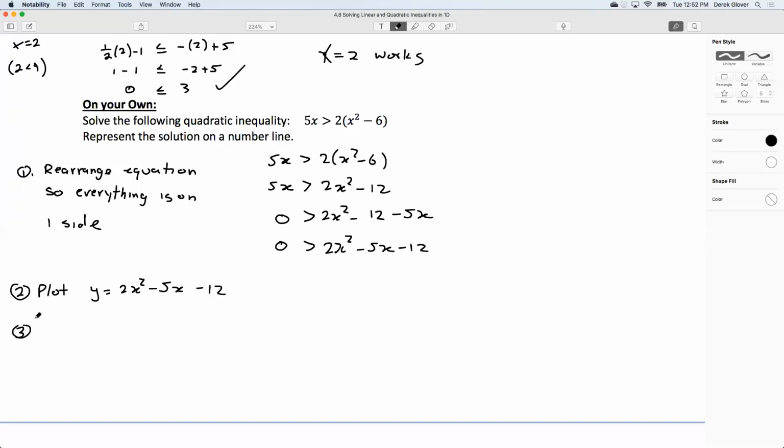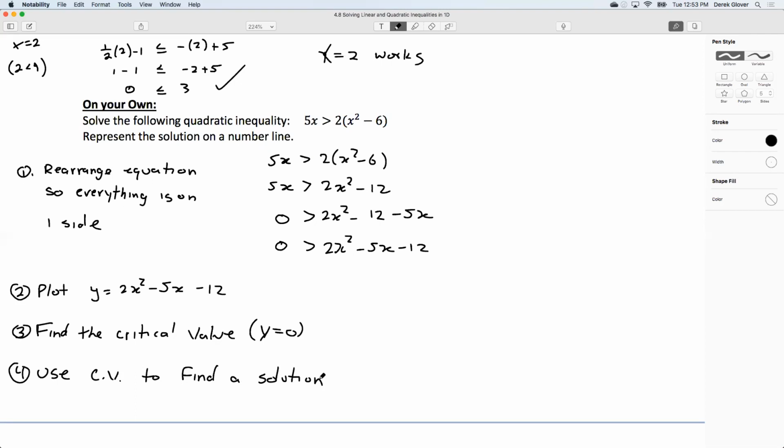And then step 3, we're going to find the critical value. That's going to be the point where y equals 0. Once we've done that, the last thing we've got to do is find our x values, find the solution. So step 4, use the critical value to find a solution.